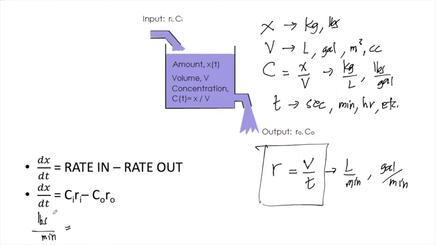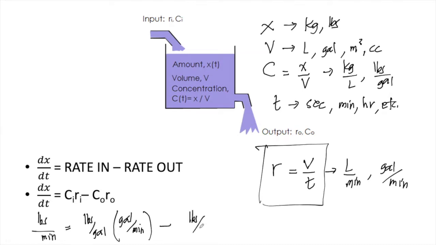So let's analyze the units. So concentration, the unit is, since I'm using English, pounds per gallon. Lagay ko dito, pounds per gallon. Okay, that's for concentration in, multiplied by the flow rate, which is in gallons per minute. Minus concentration out, the same unit lang din yan.